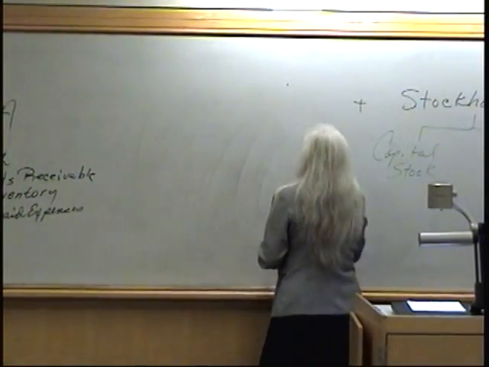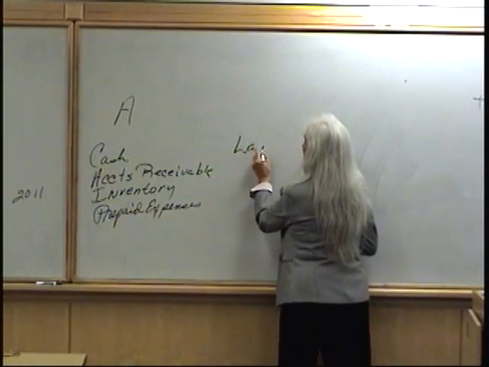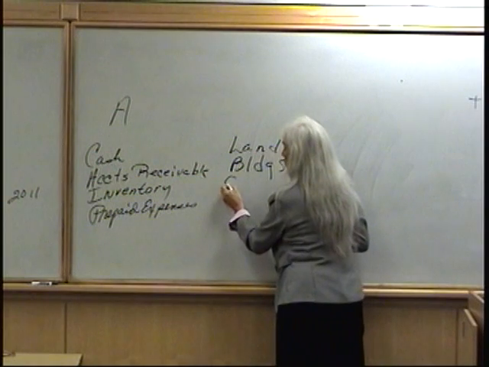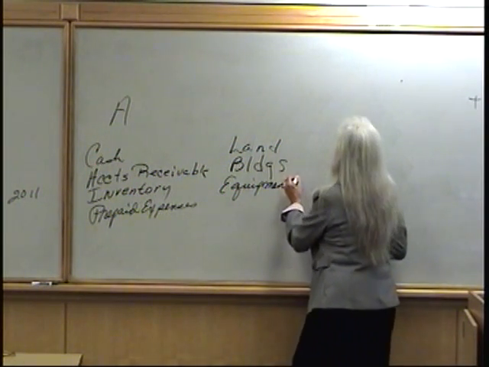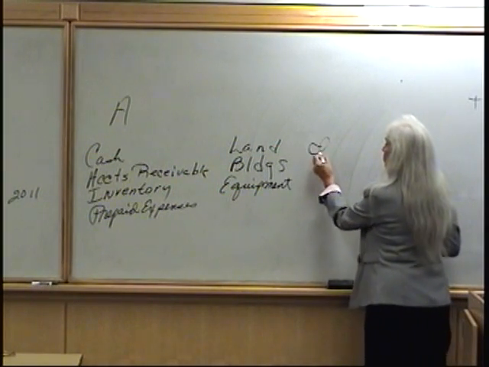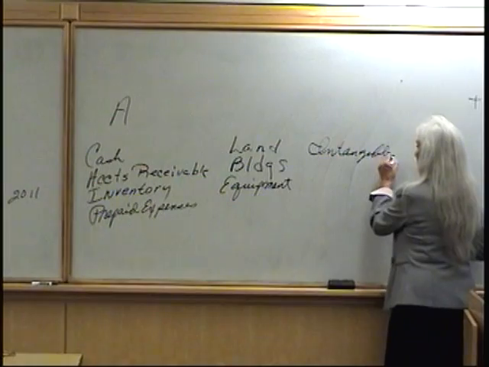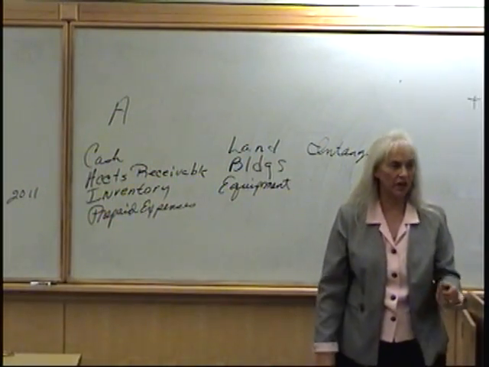Now, let's come up with some other asset accounts. You got land, you got buildings, you got equipment, and in your book, which I don't approve of, they throw in intangibles. Those things that are more like a piece of paper than something that you can touch.